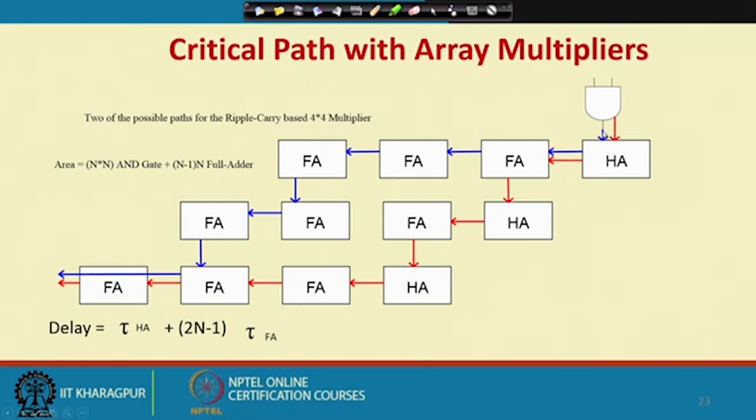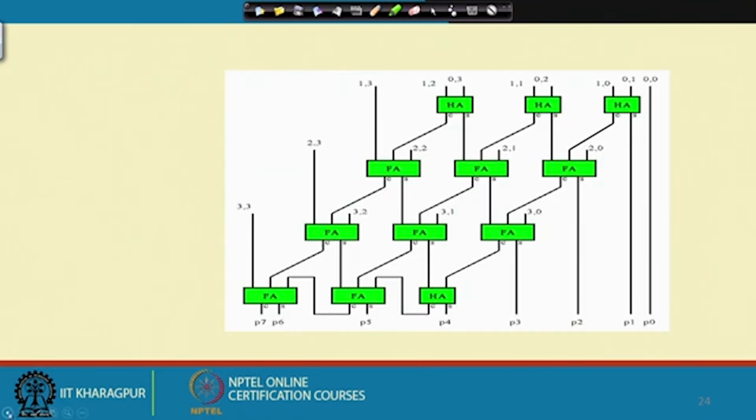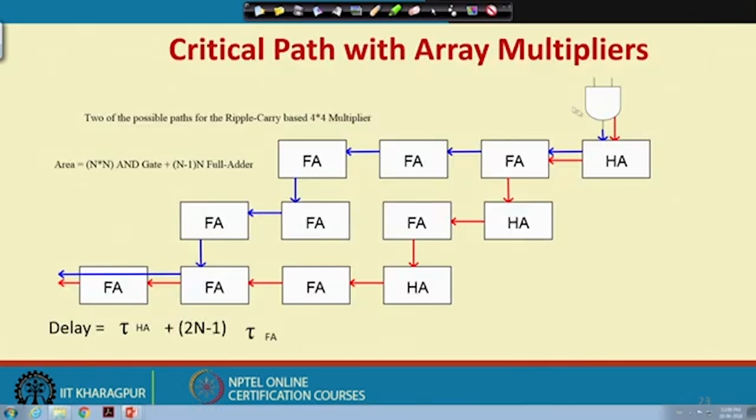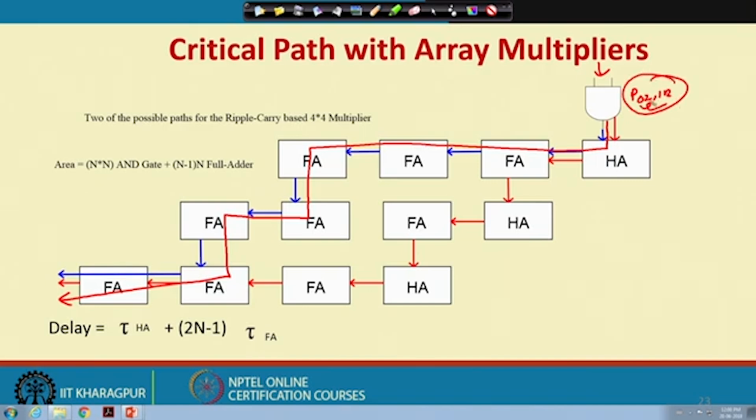The critical path is this, basically coming from this to this to this, then this, then this to this. That means this is the longest path which I am getting. Why ANDing? ANDing is basically for generating P02 or P12. I need one AND gate to generate the corresponding partial product, so that AND gate delay will also come.